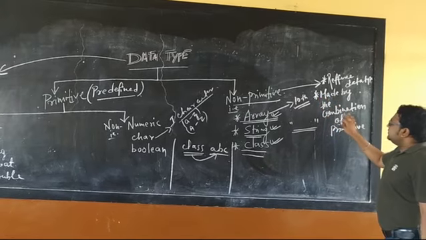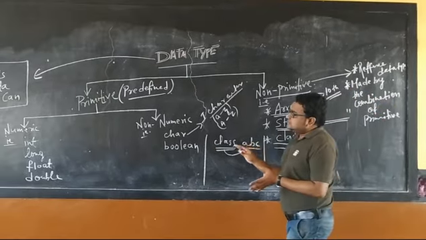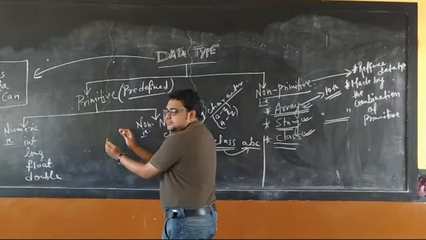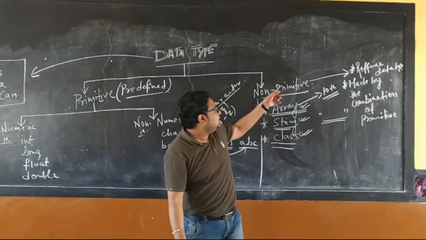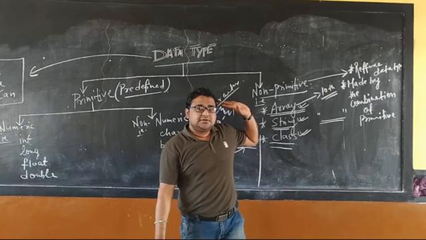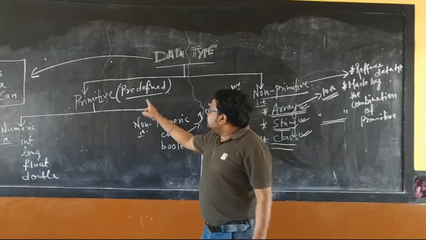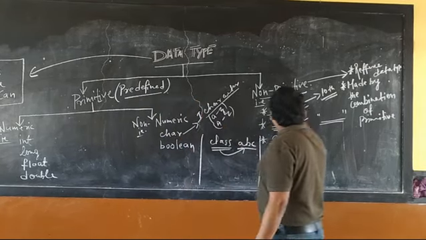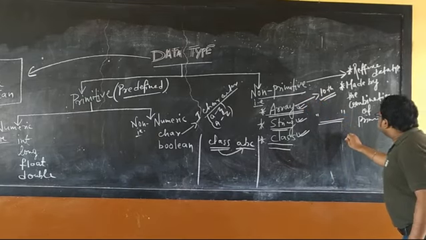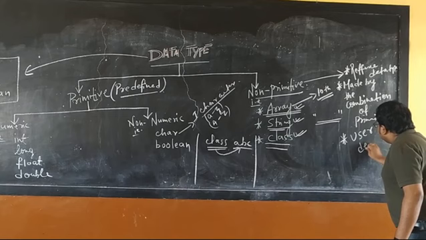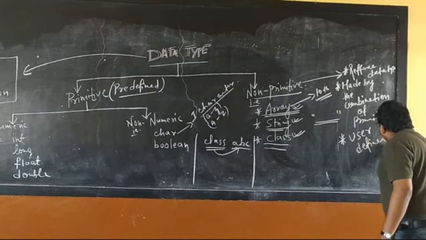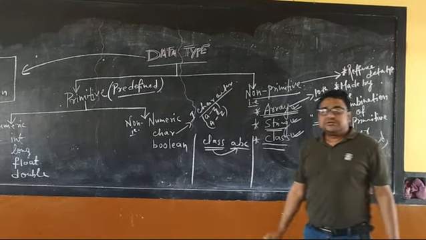Means if I combine some of the primitive data types, it will altogether be called a reference or non-primitive data type. Primitive is called predefined, and non-primitive is also called user-defined.